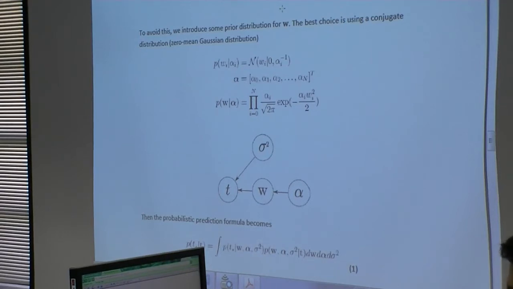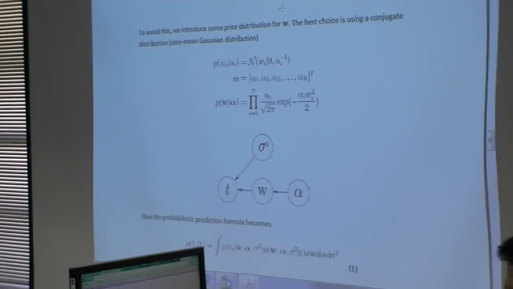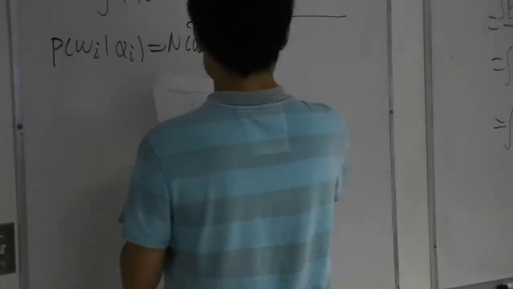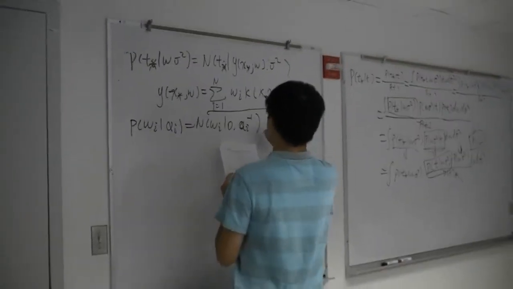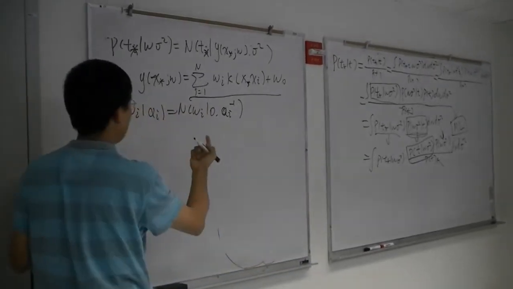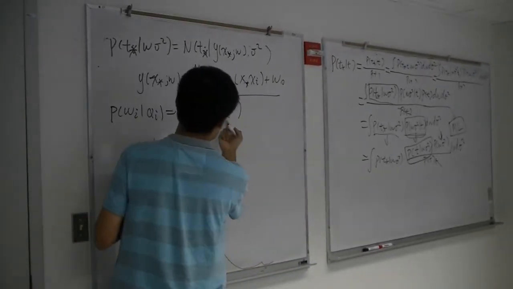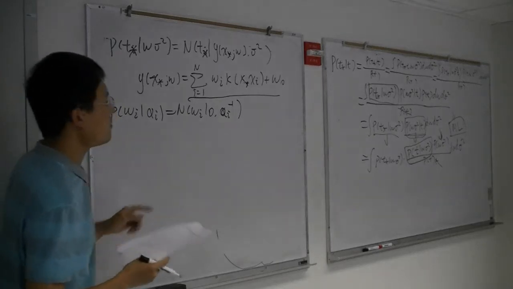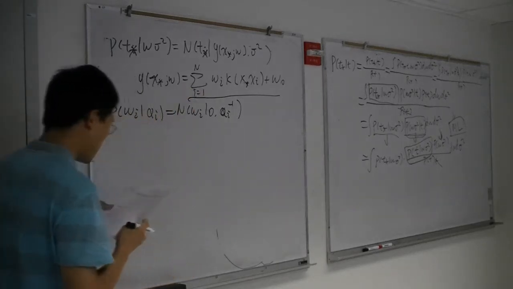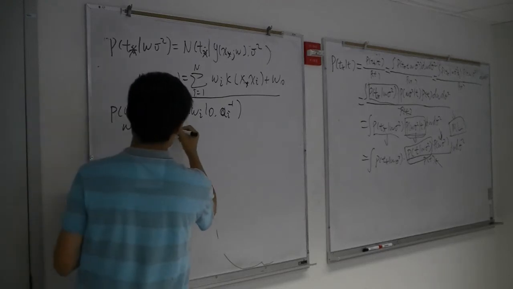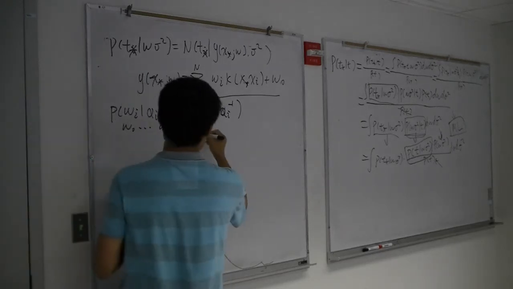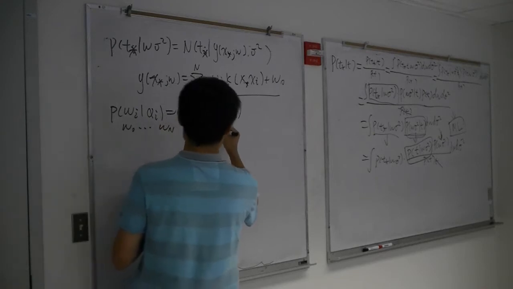And in this case, there's a zero mean, and there's a variance 1 over alpha i, and then we have omega 0. So we have alpha 0 to alpha.